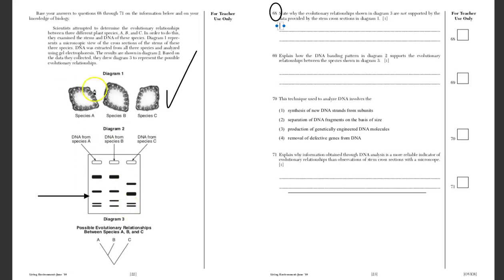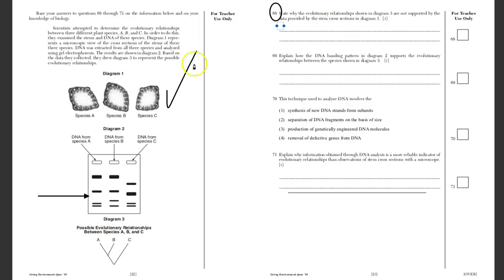So this could be a little tricky to analyze based off of this question, so you have to be very careful. So what you could say is, according to diagram 3, C should look different from A and B. So according to this, C is not closely related to A and B. A and B are closely related.